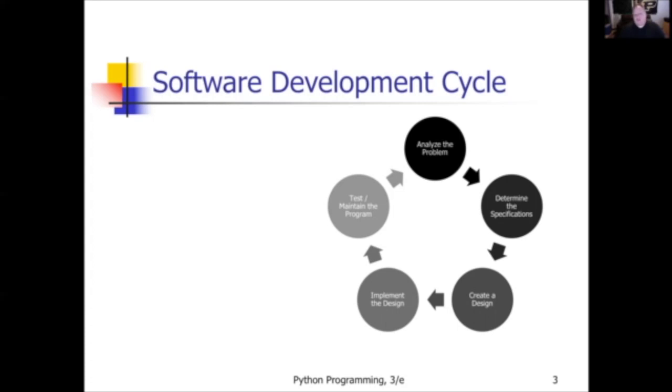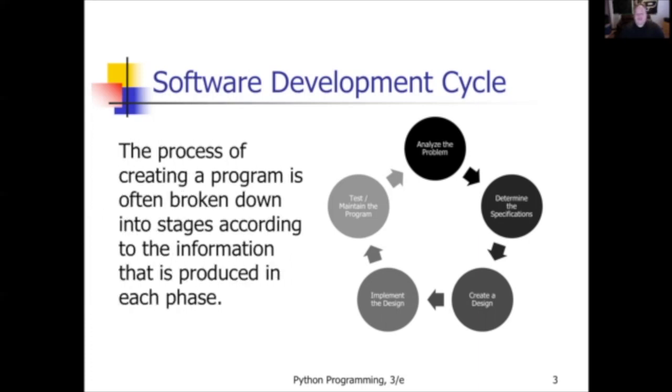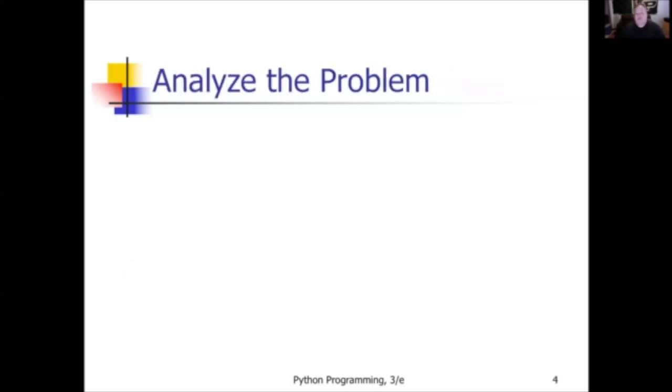Then test your program. If it doesn't do exactly what you need, go back and reanalyze the problem, determine the specifications, make sure you're meeting them, maybe modify your design to better meet the specifications, type the Python code in, test it, and it is definitely a cycle. It's circular. You're going to go through this again and again as you work your way through. So each of these stages gets modified depending on what you produce in the previous stage.